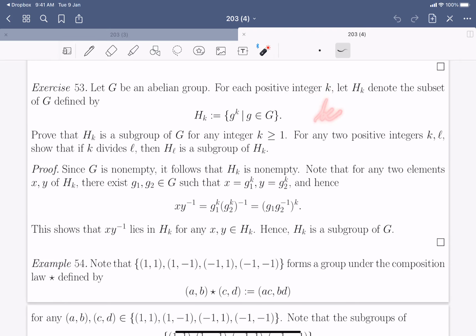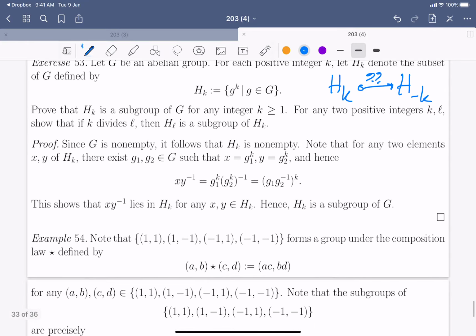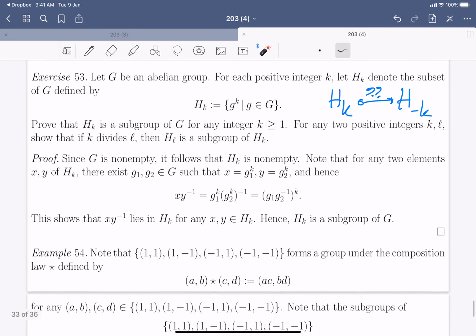One can also take K to be negative, and ask this question: is there any relationship between HK and H minus K? So you can think about this, okay? And there is another part which says that for any two positive integers K and L, if K divides L, then HL has to be a subgroup of HK, okay?